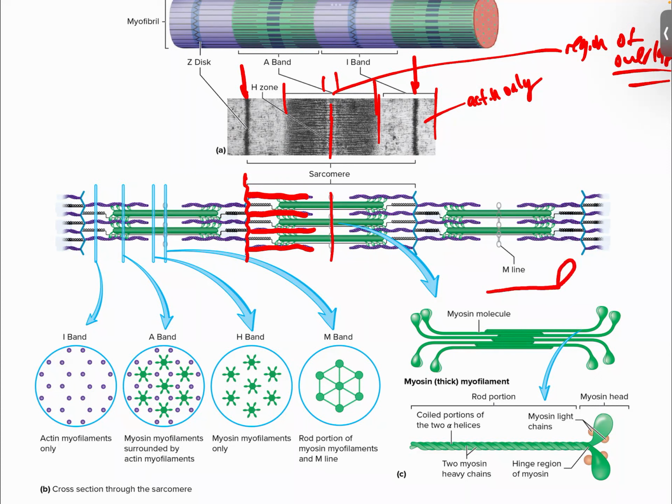The head is the part that actually moves. It's like your wrist, with your arm as the shaft, and you can pivot the head. If I want to grab onto something and pull it, I do a little wrist action: grab it, pull it, grab it, pull it. That's what myosin is doing. It's a motor protein, so you need ATP to pull this off.